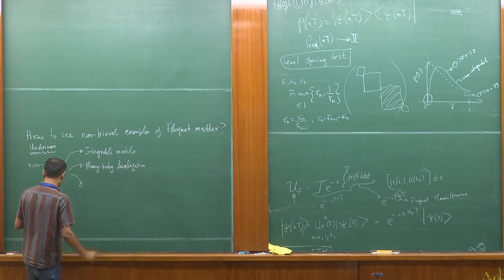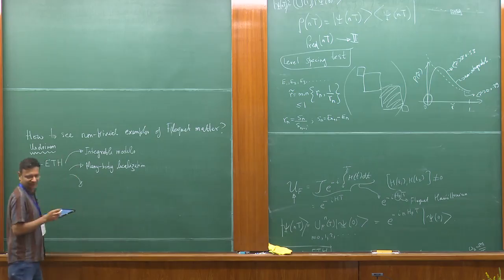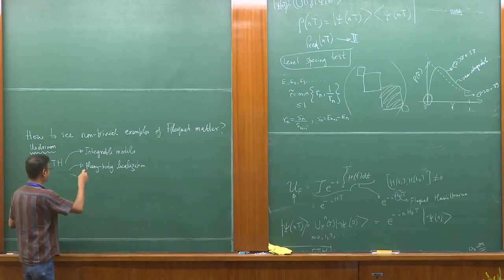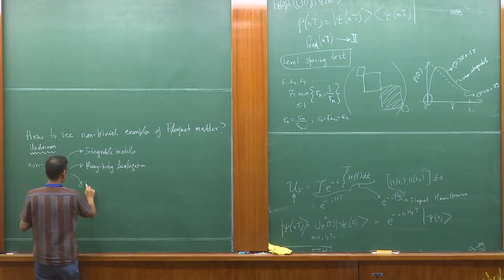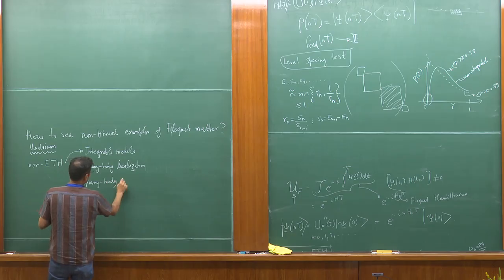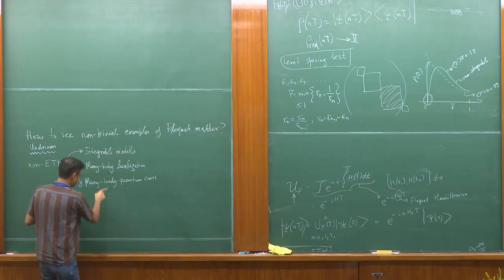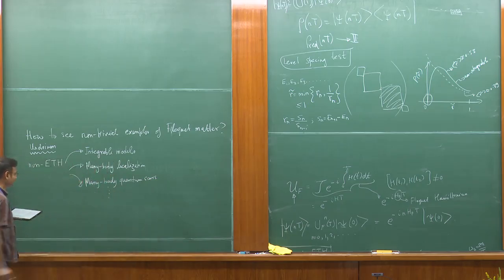A third example, which perhaps I'll say a bit more about because I don't think it has been discussed so much, both in the undriven and the driven context, is many-body quantum scars. And there may be other surprises which we don't understand yet.